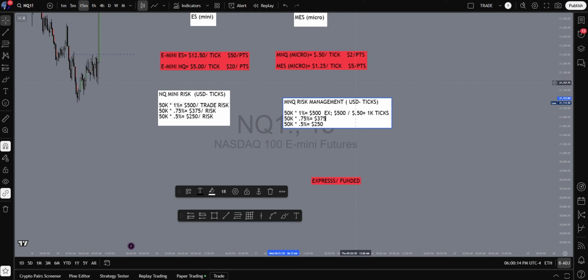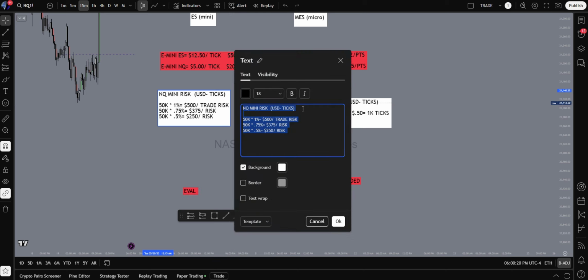Okay, so that's that. I'm gonna go back to NQ minis. NQ minis, 1% gives me $500. Convert $500 to ticks, and that will be 100 ticks.